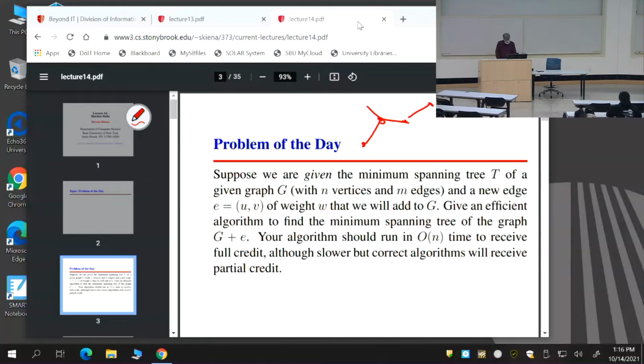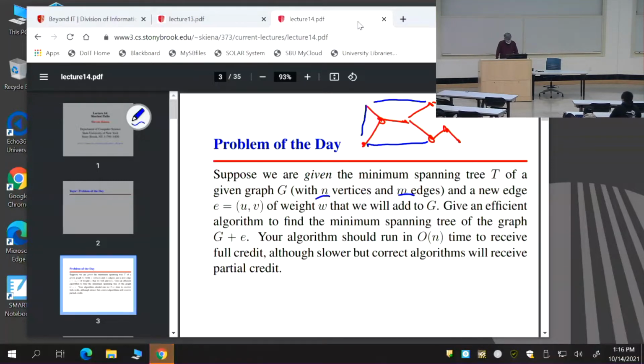Someone has given me the minimum spanning tree of a graph. And let's make another edge there just for the sake of it. And there probably are other edges in the graph. Let's say I'm going to put these here that were not part of the spanning tree. Okay? So I'm given a graph with n vertices and m edges.